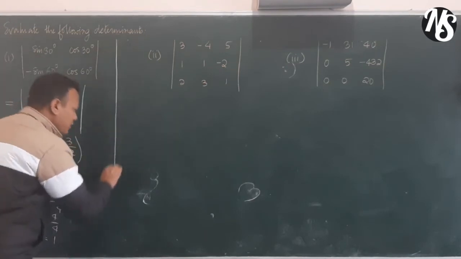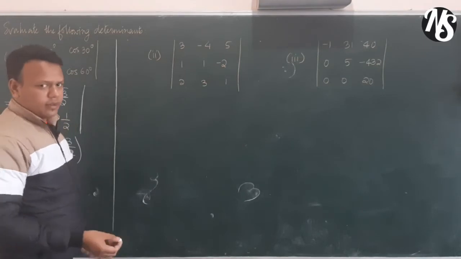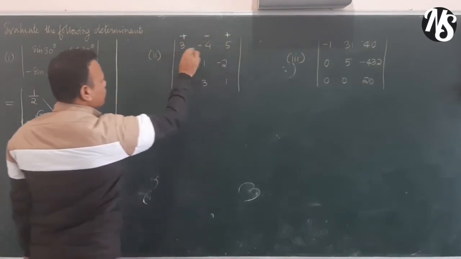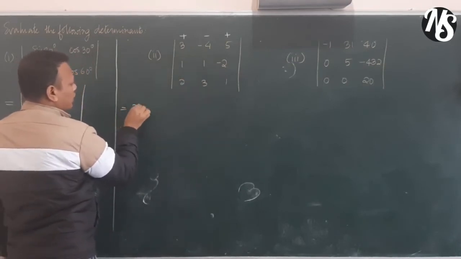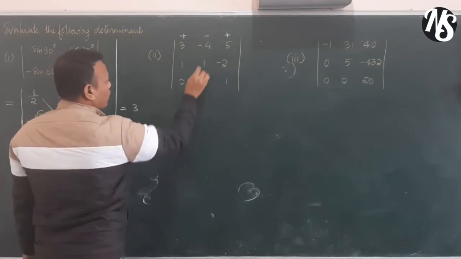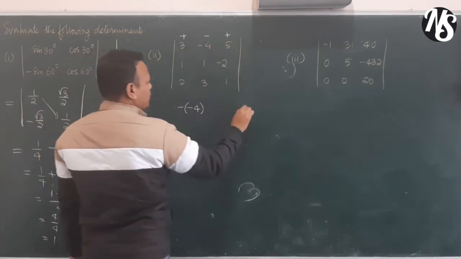Now let's observe the second one. As I told you, follow the sign convention, plus minus plus. So let's write these things first. This is equal to 3, so you have minus of minus 4, and at last you have plus 5.